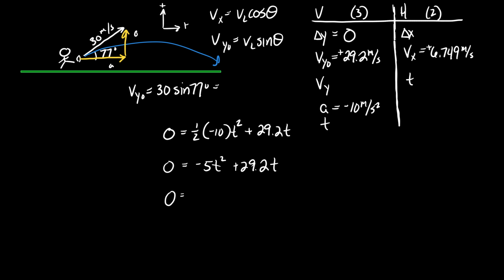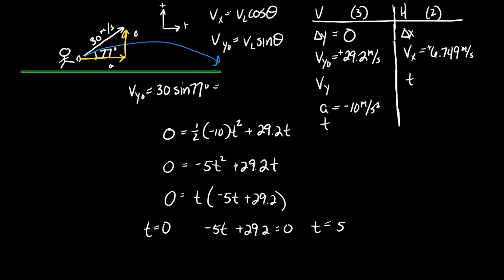Technically, you're supposed to factor out a t and set them both equal to 0 so that you'll get 2 answers. t equals 0 and minus 5t plus 29.2 equals 0, giving us 29.2 divided by 5, 5.84.